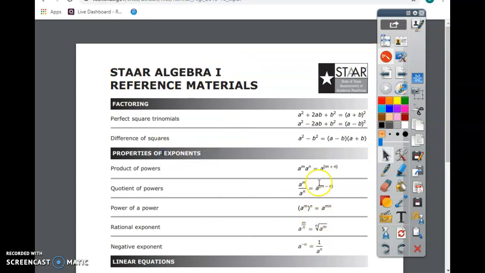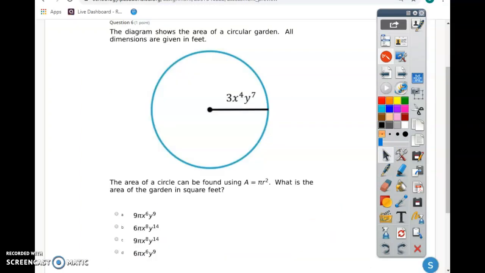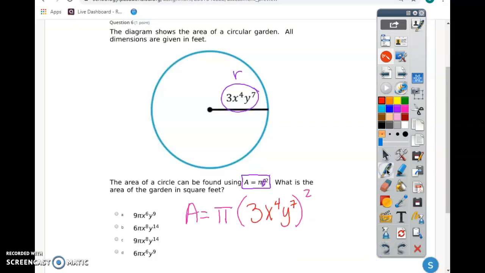If it's a power to another power, you multiply them. So this 2 is going to multiply by the 4, and by that 7. And the 2 is going to go to the 3 to the 2nd power.